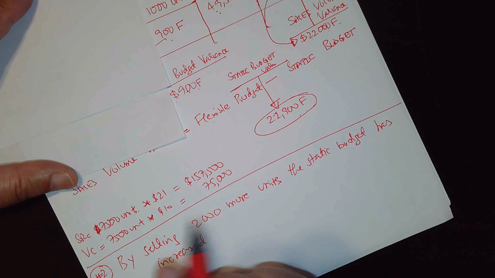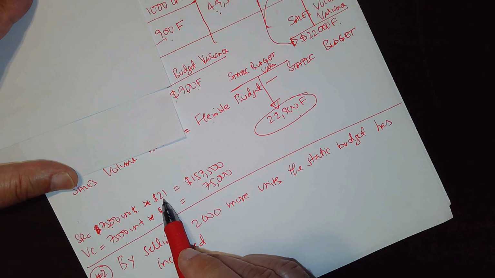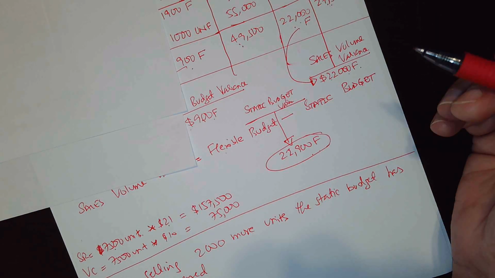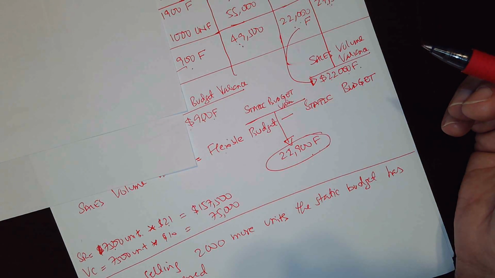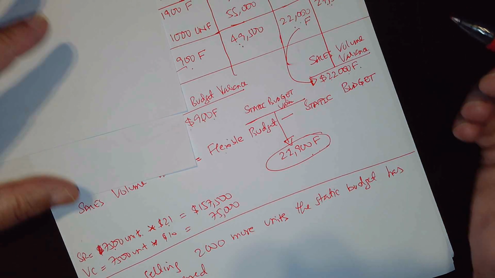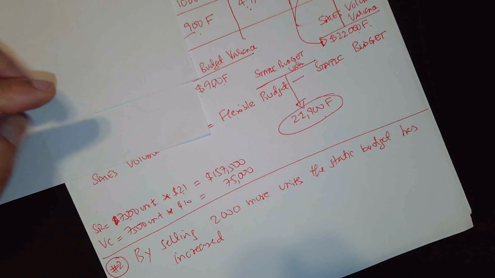So right now we calculate 7,500 units multiplied by 21, so it has 157,500. If we sell 9,500, that's why it's increased the budget.